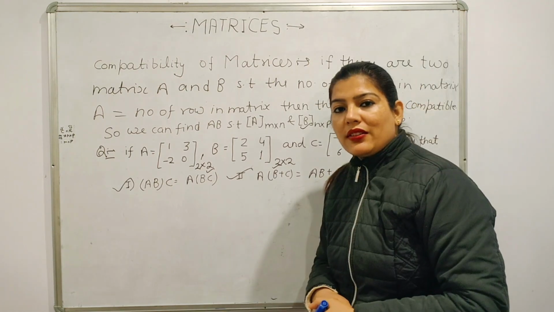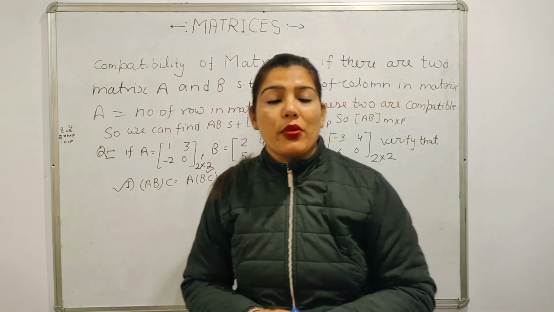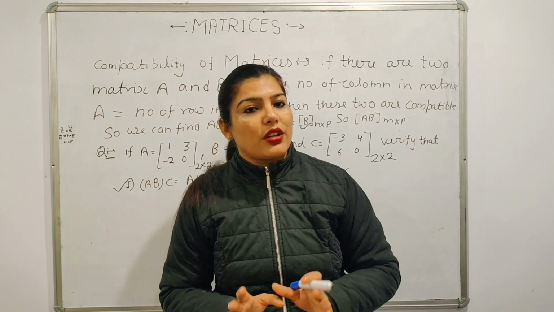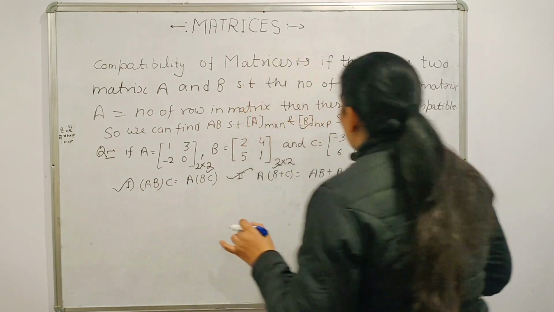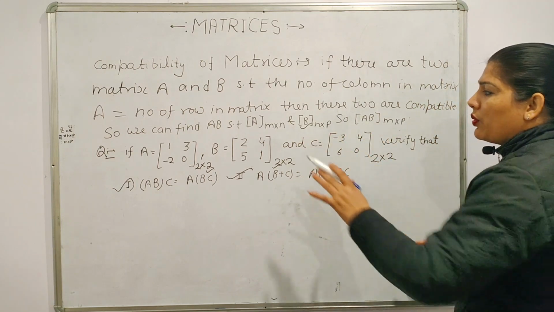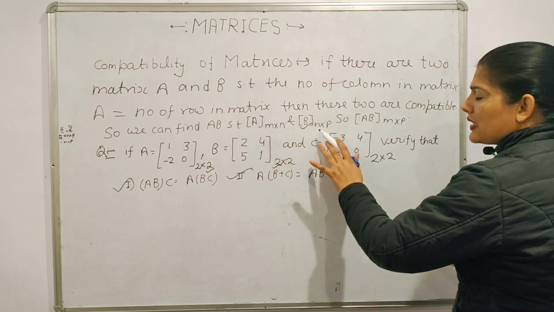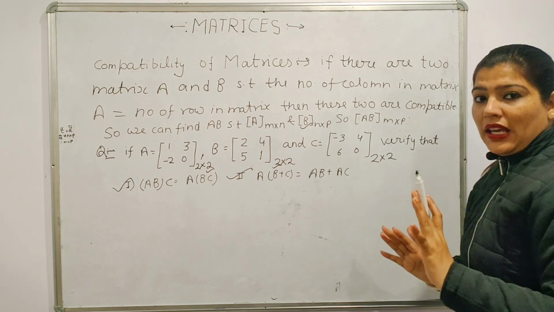And one more thing, the product of matrices is not commutative. That means AB is not equal to BA, because if m, n and p are different, suppose m is 2, this is 3, this is 3 and this is 4, then you are not able to find BA.